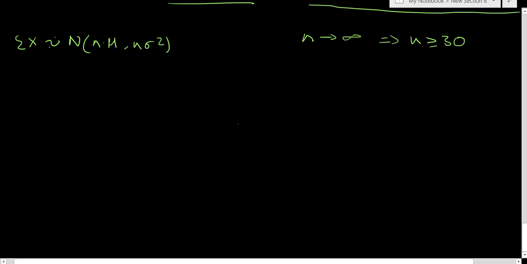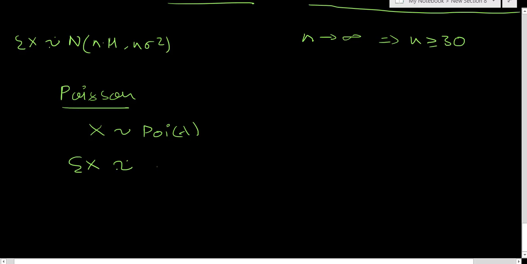If I talk about the Poisson distribution, next in line is Poisson. So if I have an x following a Poisson lambda distribution, I can approximate the probability of sigma x with the help of a normal distribution, obviously with the mean n lambda, because that is the mean of a Poisson distribution, and n lambda again, because that is the variance of a Poisson distribution.